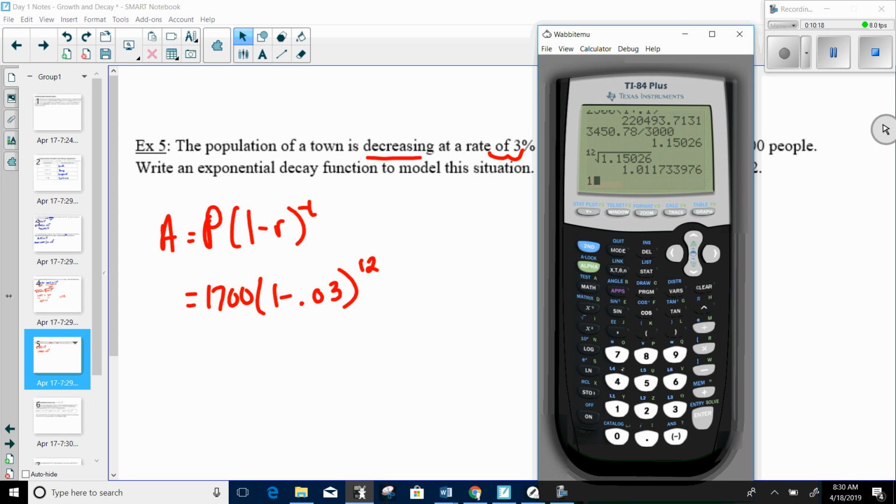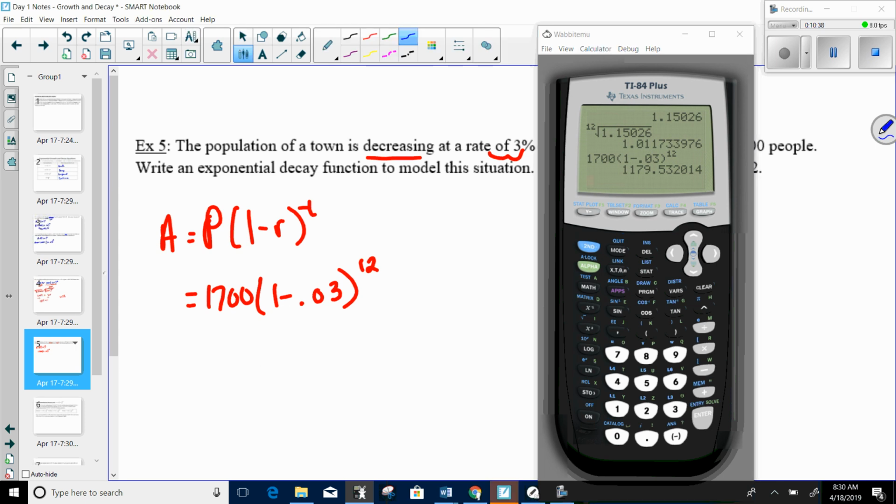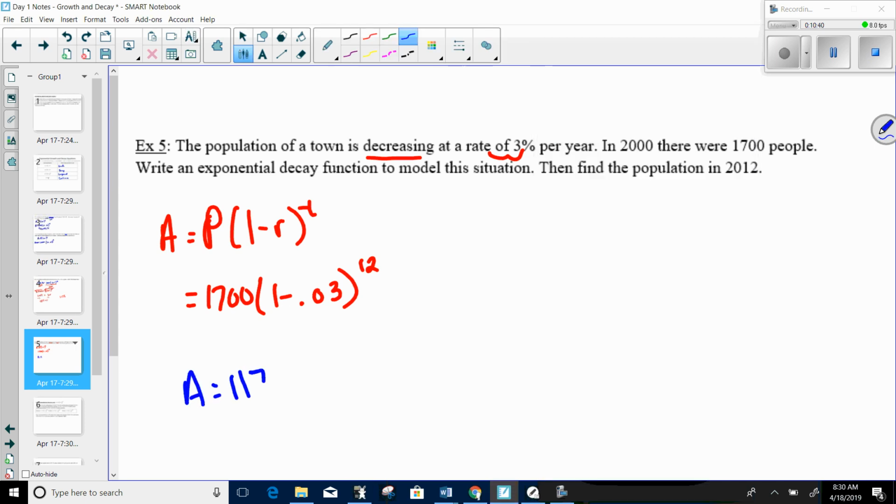So it's going to be 1700(1 minus 0.03) raised to the 12th power. Hit enter, and you get 1,179.53 or 1,179. Okay. So A would equal 1,179.